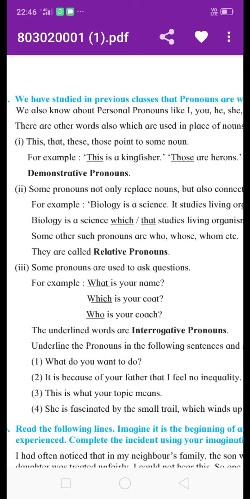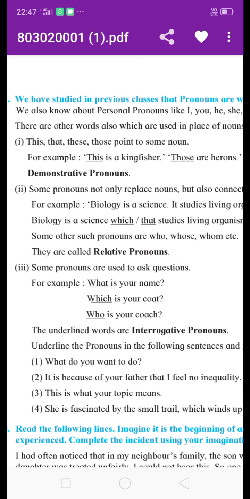Emphatic pronouns and reflexive pronouns are the same, but a reflexive pronoun refers to an action initiated by the subject. Here it is emphatic, which means to give stress. This pronoun gives stress to the subject.